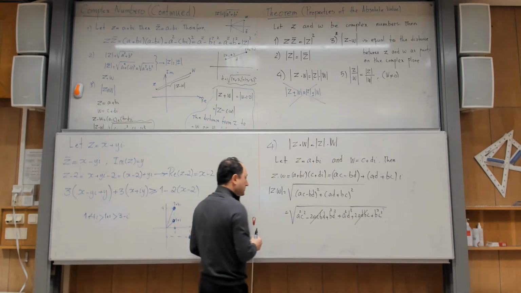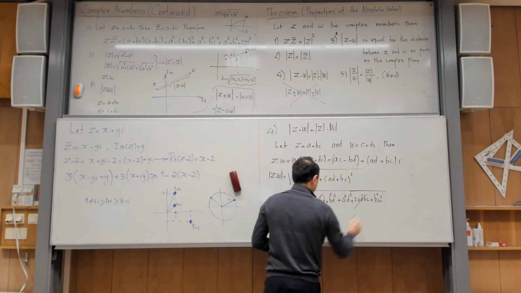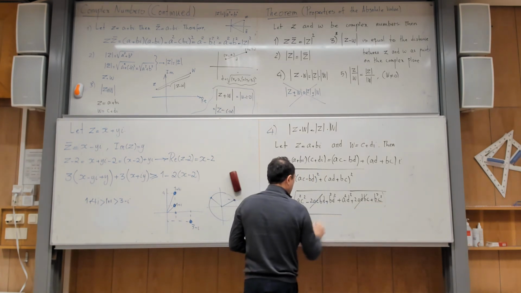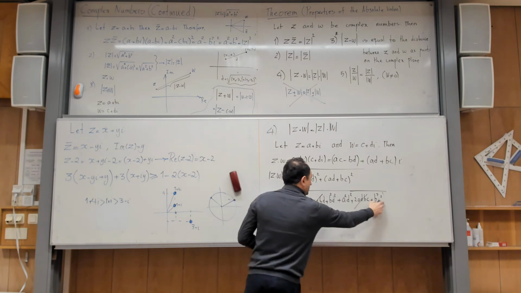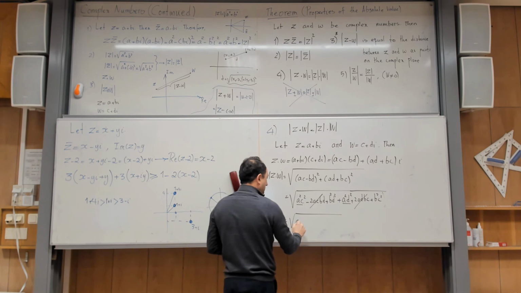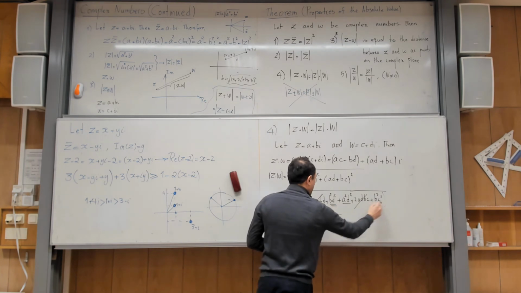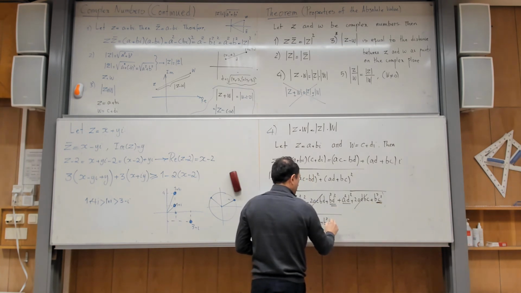And then what happens? Between these two, I can factor a squared out. It becomes c squared plus d squared. And then between these two, I take b squared out.